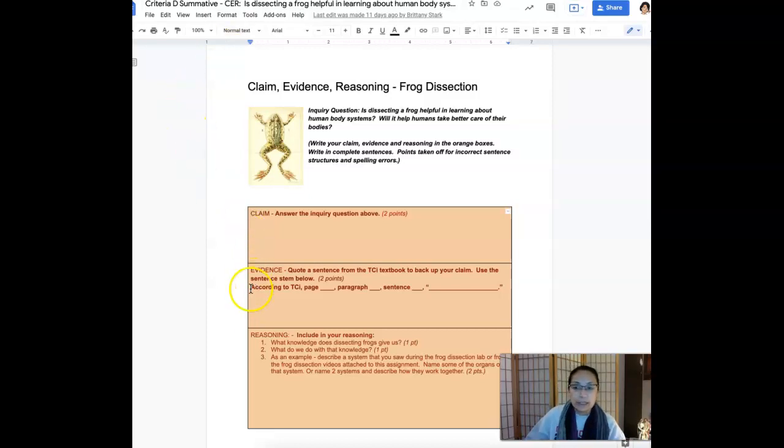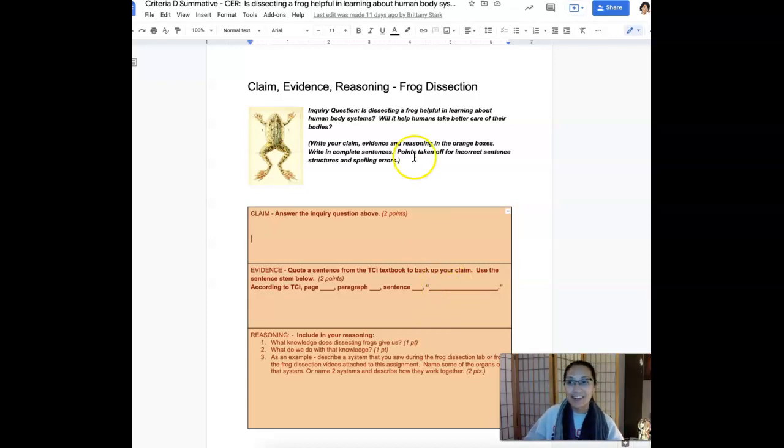So you need to start your evidence with "According to TCI, page," choose a page, choose a paragraph, choose a sentence, and then state the sentence that you have found in TCI.